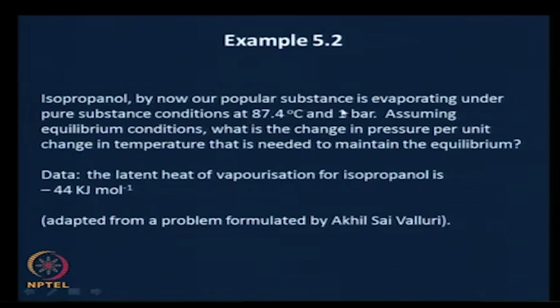Therefore it is changing its phase from liquid to vapor, so it is a case of phase change, and what is required is the change in pressure per unit change in temperature that is needed to maintain equilibrium. Therefore, the whole process is under equilibrium conditions. So, what does this bring to mind? Definitely the Clausius Clapeyron equation.